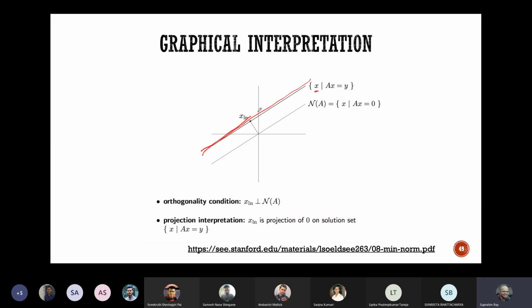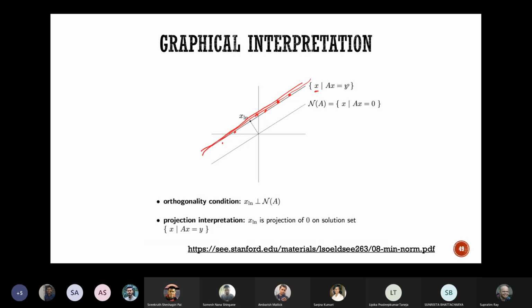It's shown as a line here, but you can think of this as a plane in a higher dimensional space. Each dot here is an x, right? So here, this is my x as a vector in a high dimensional space, such that Ax is equal to y.